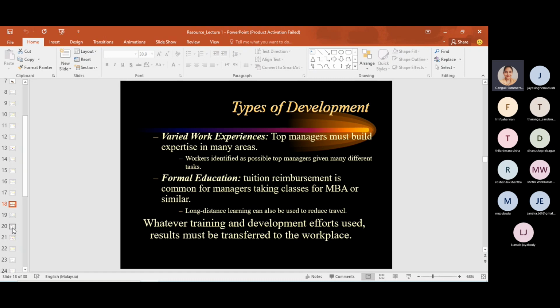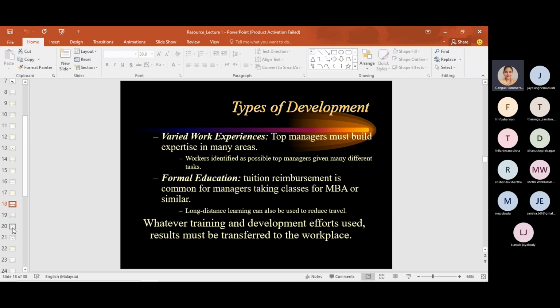Because when you have a well-trained and well-developed staff in your organization, as an organization, you can get a lot of benefits. You can increase your profits. You can attract more customers. You can gain a better reputation in the society. So all these benefits are there if your staff is well trained and well developed, right?